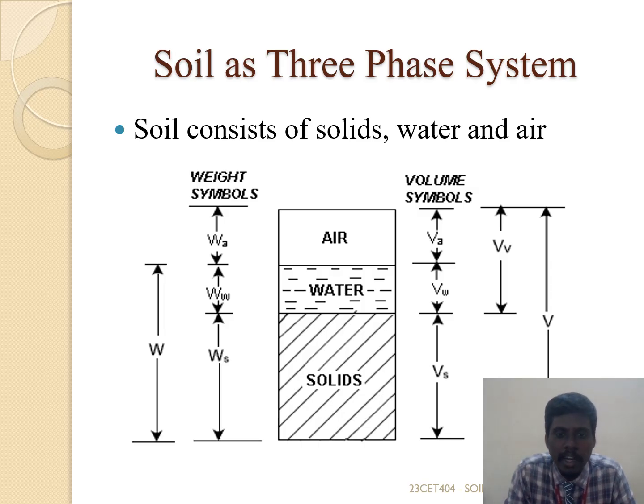The solid weight is represented as W suffix S, and the weight of water as W suffix W, and the air content as weight of air. We know that air has no weight, so Wa is equal to 0. So the total weight of water Ww is equal to the weight of voids.